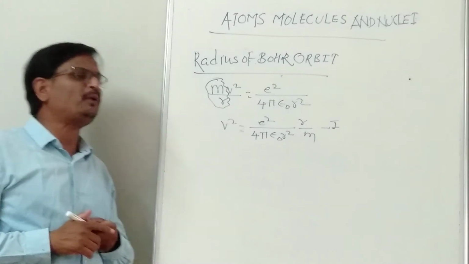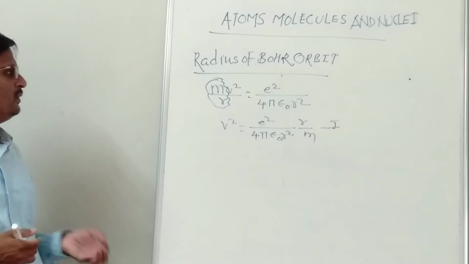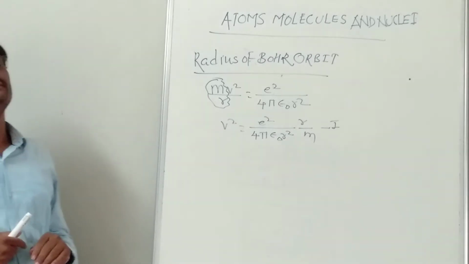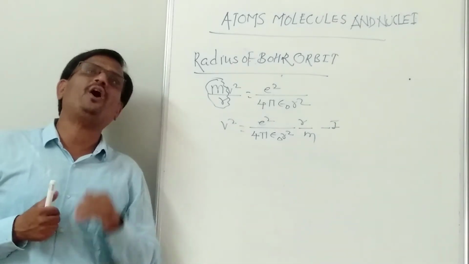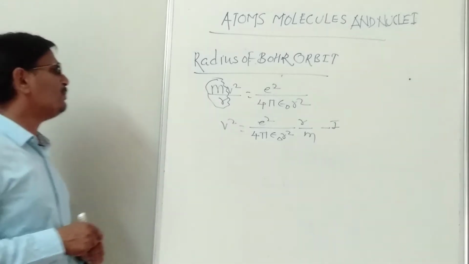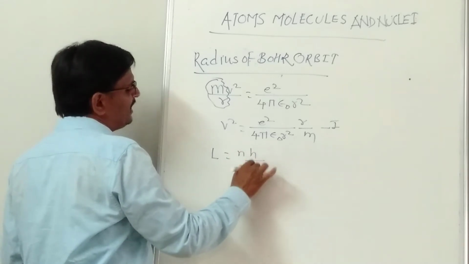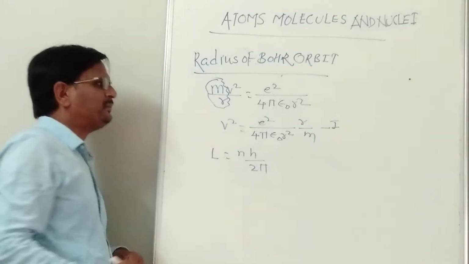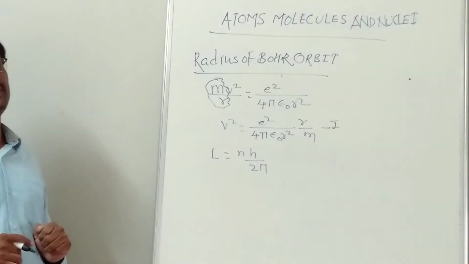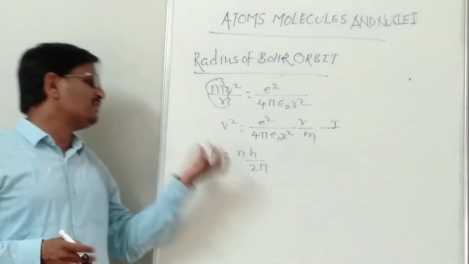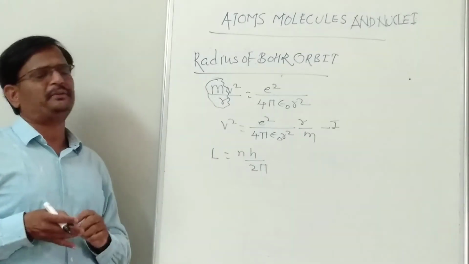What is Bohr's second postulate? Electron revolves around the nucleus in those orbits for which angular momentum is equal to an integral multiple of h upon 2π. This is Bohr's second postulate. That is, angular momentum must be equal to an integral multiple of h upon 2π.